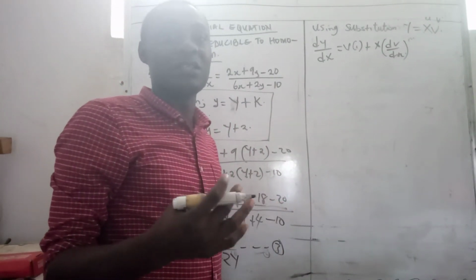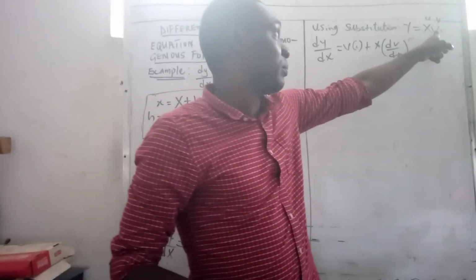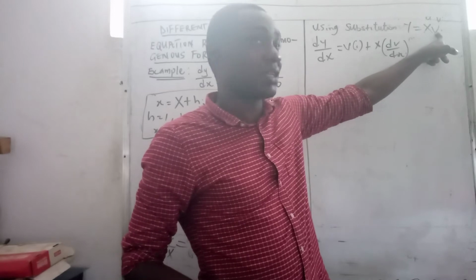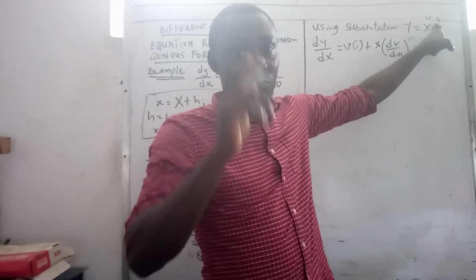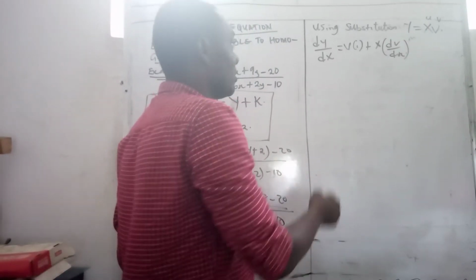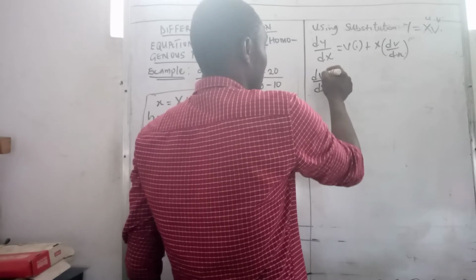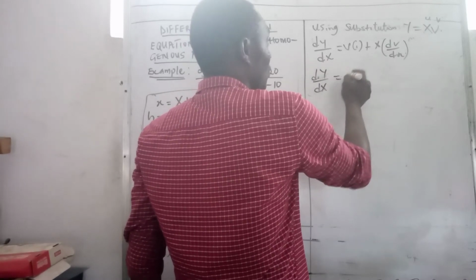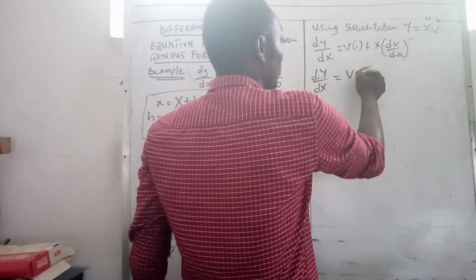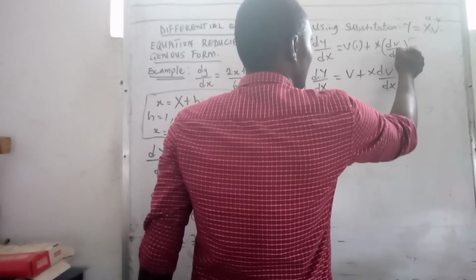Just like implicit function differentiation. It's implicit. So when I differentiate this, I have 1. So I have dY/dX equals v plus x dv/dx. This is capital letters, please.